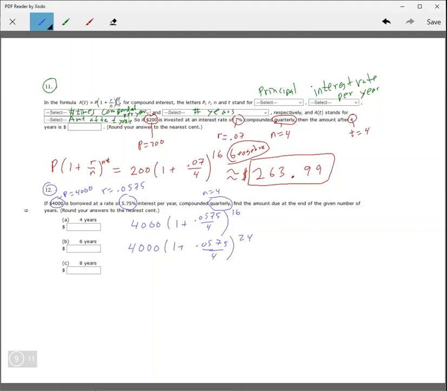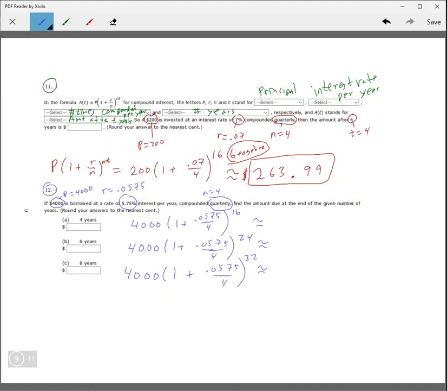So T is 6, N is 4. So 4 times 6 is 24. And then this last one, T is 8. So we have NT will be 4 times 8, which is going to be 32. So that's what you get for those ones.